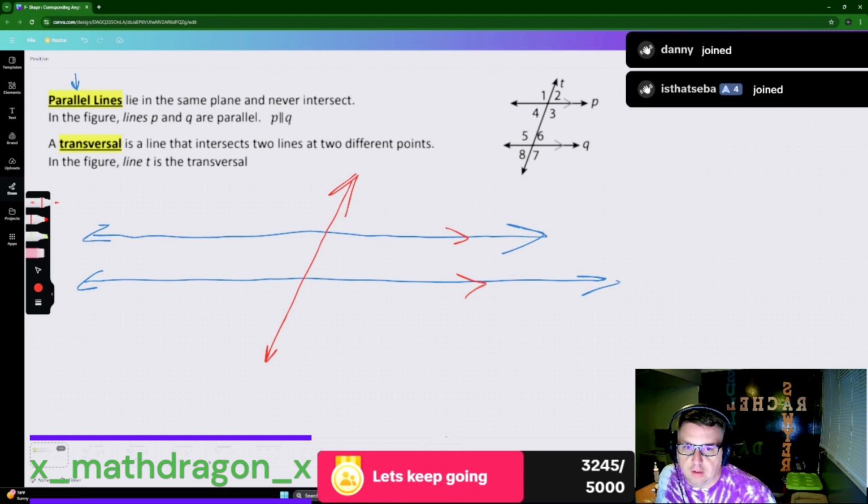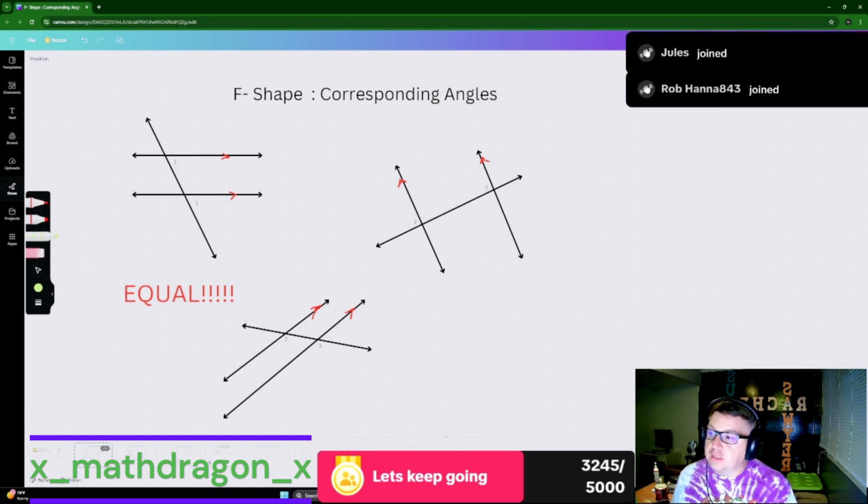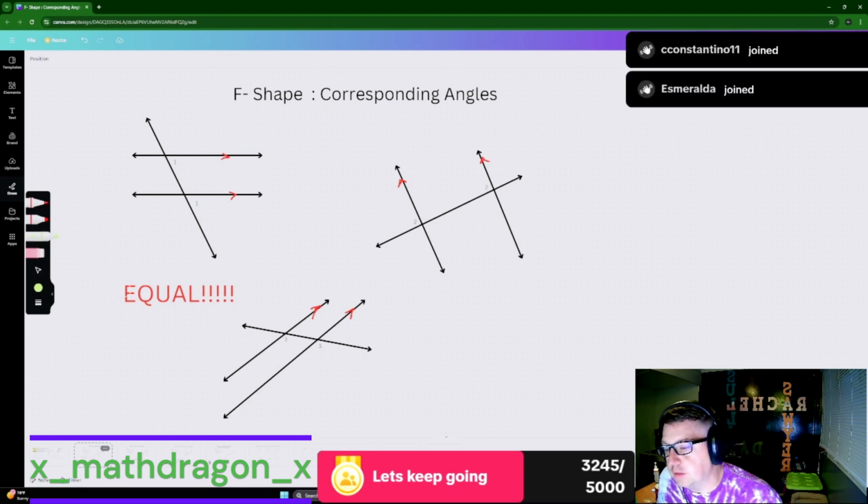So the fact that they are double arrowed tells you that they're parallel without even having to tell you they're parallel. So when we go to a problem like this, make sure your teacher, like myself, sets it up so that it shows they are parallel. Okay?